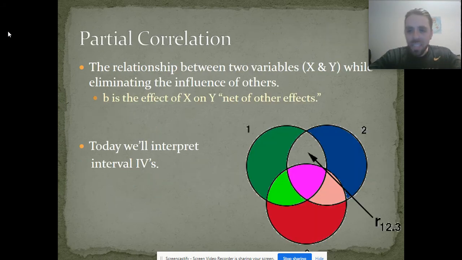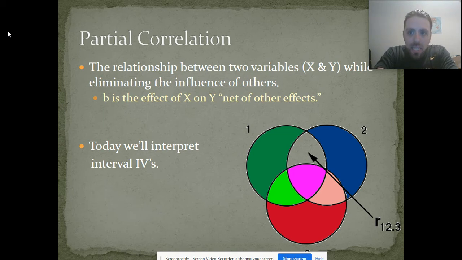Does that make sense? I hope so. Okay. So the process here is called partial correlation. Partial correlation is, as I have alluded to, the relationship between two variables, x and y, while eliminating the influence of others. When I say eliminate, I do not mean remove it from the equation.